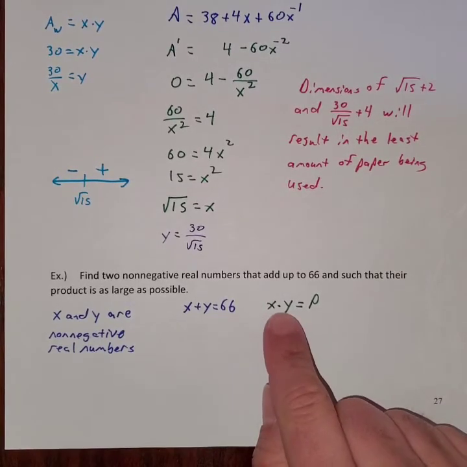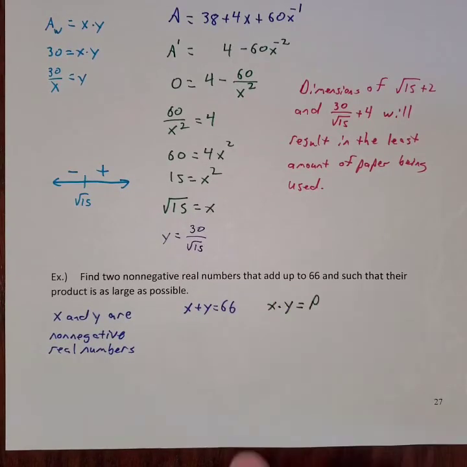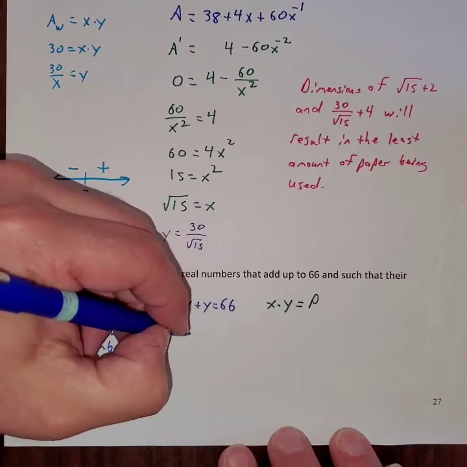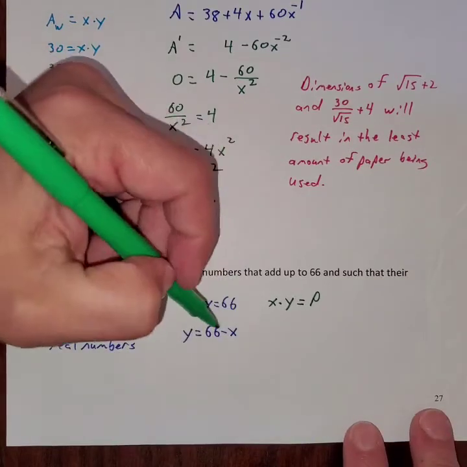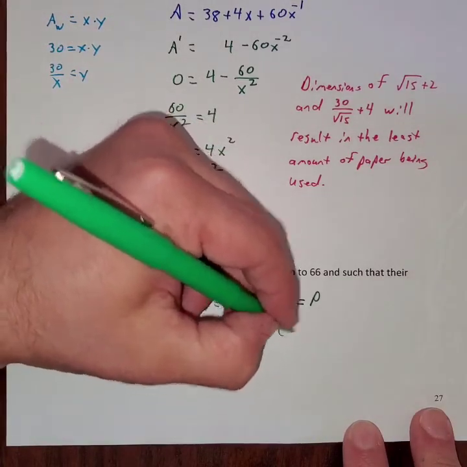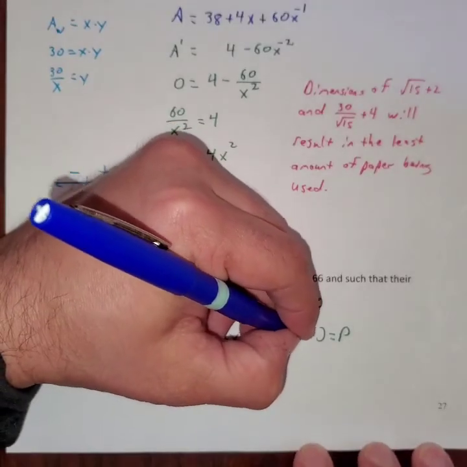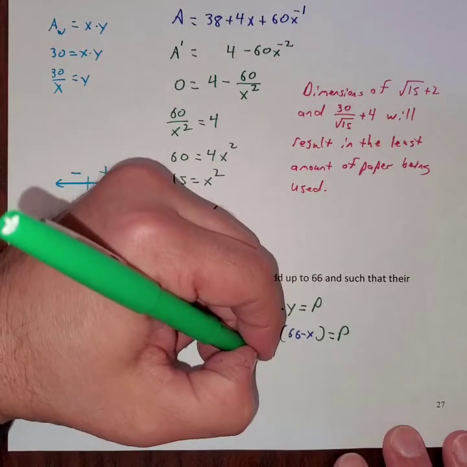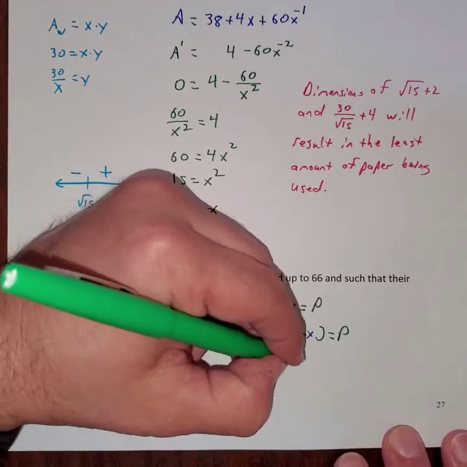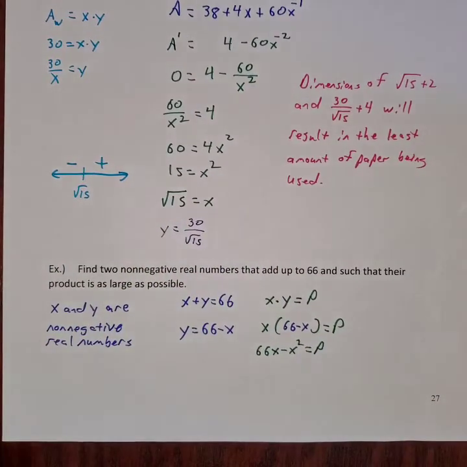Again, I have two independent variables, X and Y. So I'm going to rewrite this equation so I can substitute: Y equals 66 minus X. And then I'm going to substitute for Y. Now I could do product rule, but I'm going to do a quick multiplication to make it easier for me to take my derivative.